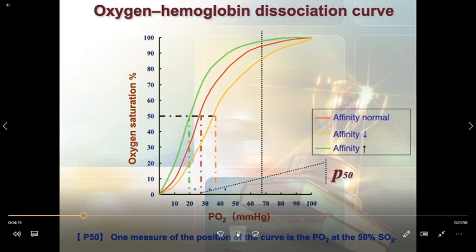Now let's get back to the ferry boat example. Hemoglobin transports oxygen from the lung to the tissues.